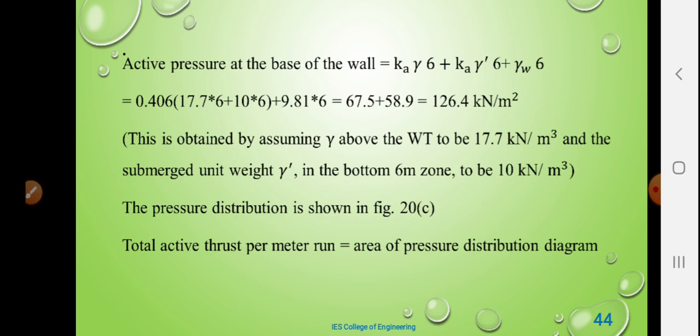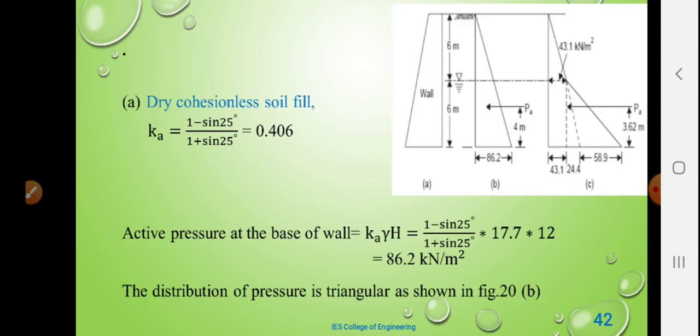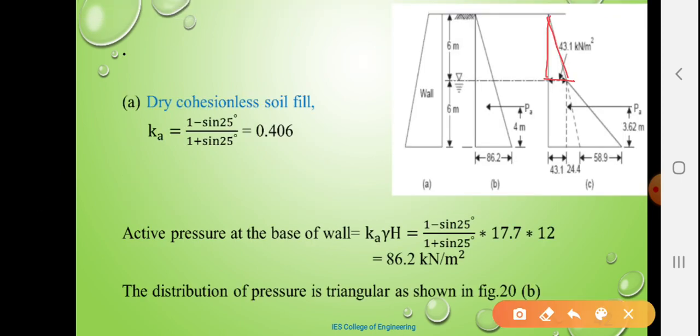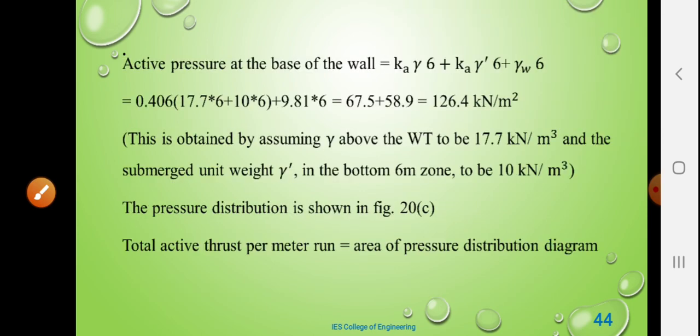So, the pressure distribution diagram is shown in the figure. That means earth pressure due to moist unit weight, earth pressure due to submerged unit weight, and the effect of pore water pressure. So, total active thrust per meter run equal to area of pressure distribution diagram.